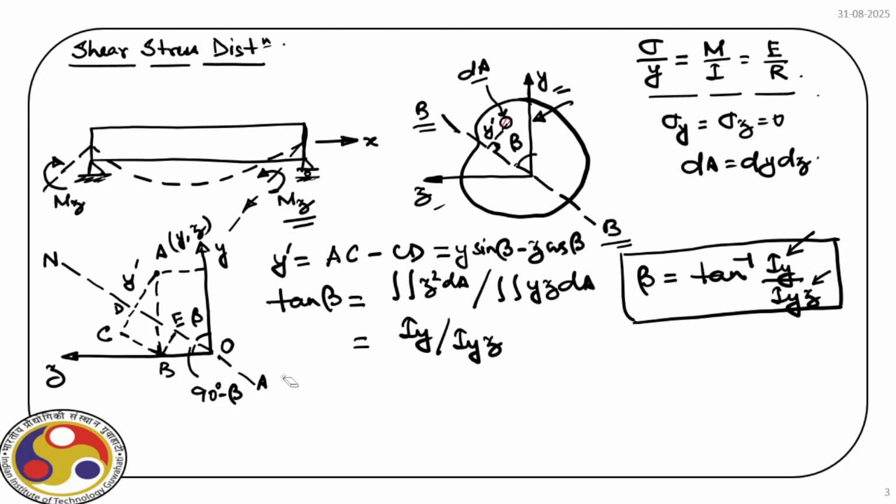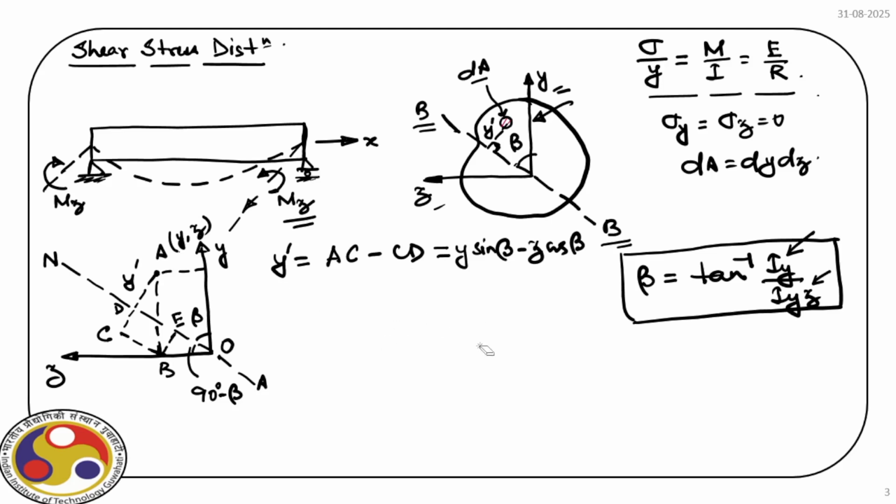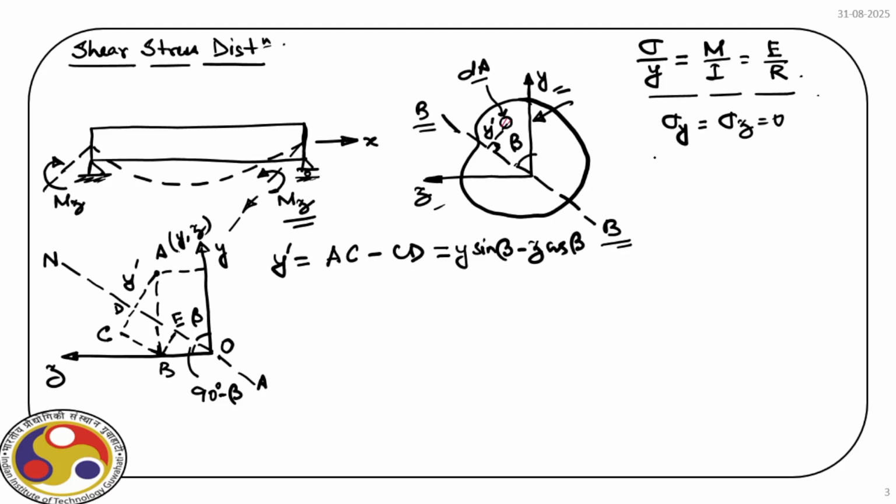Now next task is to find out the moment about z axis, and in that expression again we'll put the expression of y prime and we'll see what we get. So tan beta is equal to Iy divided by I. Now let us consider the second equation.